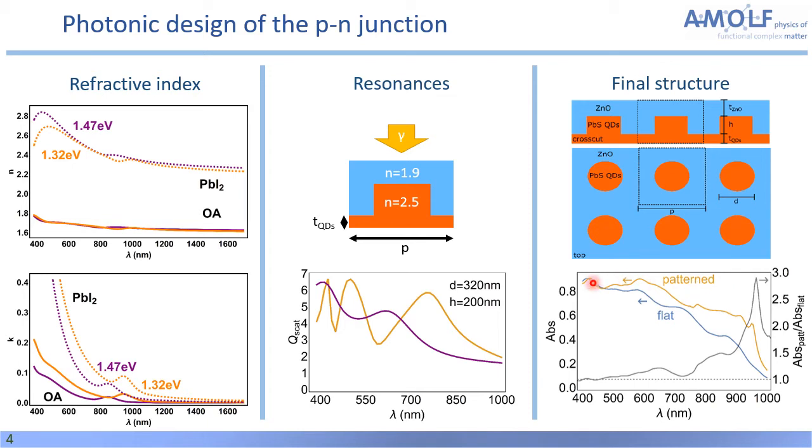And more interestingly, the patterned one absorbs light much better over all of the investigated wavelength range. And the relative comparison can be seen here in gray, where you see that towards the band gap you absorb more and more compared to a flat solar cell.